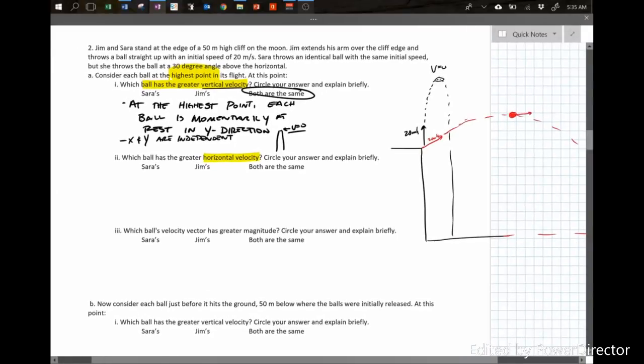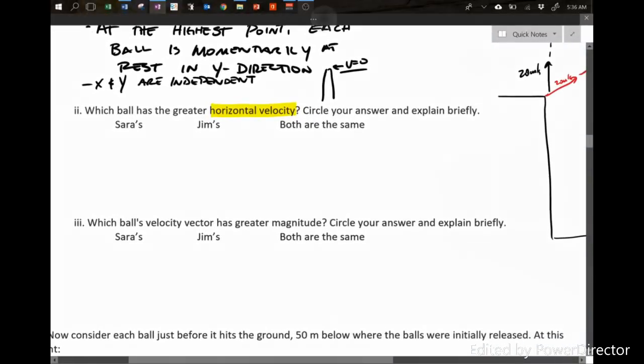If we really look at what's going on, because Sarah's ball is thrown at an angle, we have 20 meters per second at a 30-degree angle above the horizontal. She has some velocity in the y direction to begin with, and some velocity in the x direction to begin with.